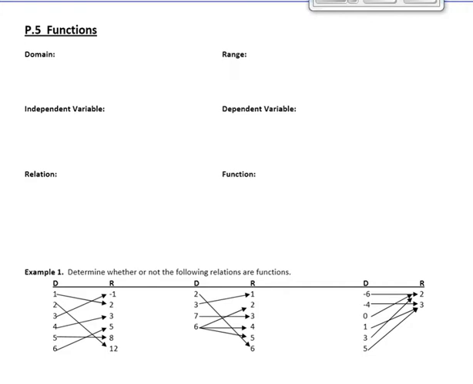The domain is the input values. In most cases, when we're looking at y equals mx plus b type equations, usually that is the x value. Doesn't always have to be that way, but in most cases, what we're looking at in this class is it will be that.